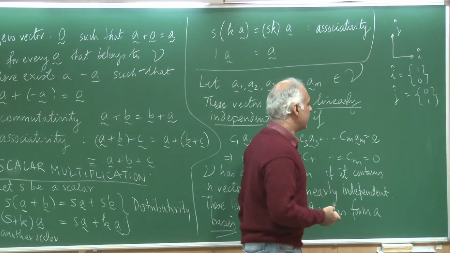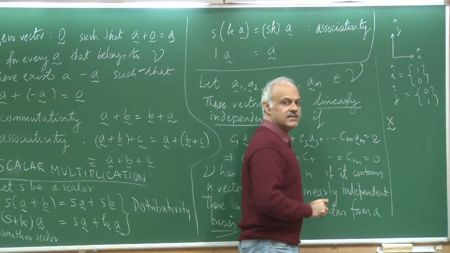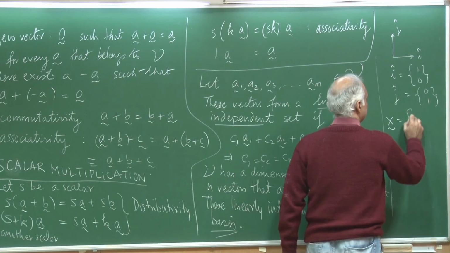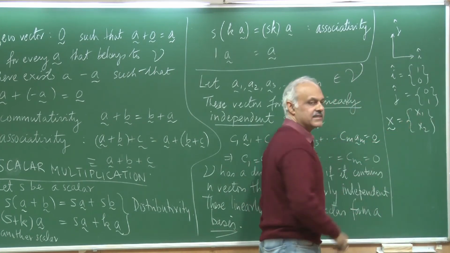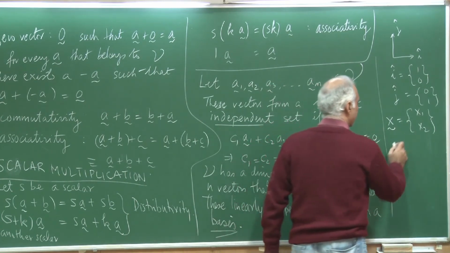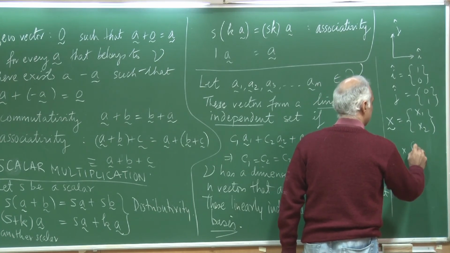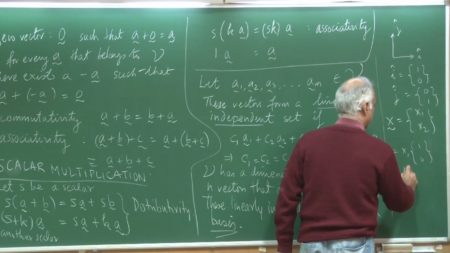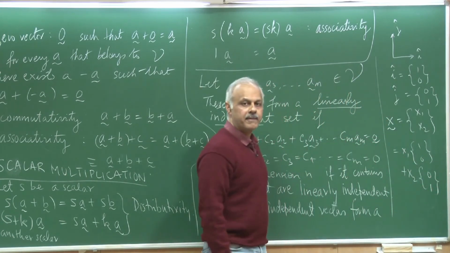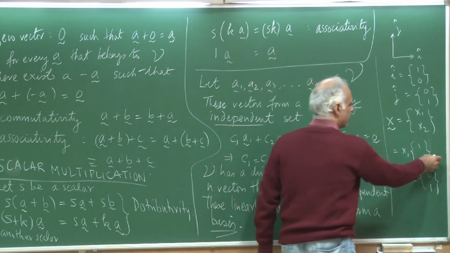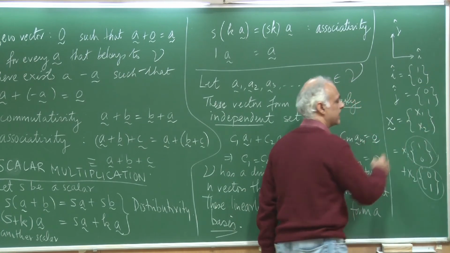And if I want to write any vector in general, so if I take a vector x which has coordinates x1, x2, or you could even write them as x and y, then this vector can be written as a linear combination: x1 times (1, 0) plus x2 times (0, 1). And this, as we know, is the vector i, and this lower one is the vector j.